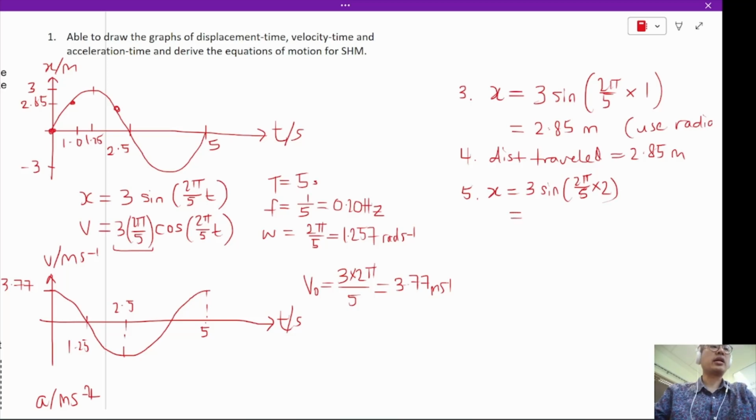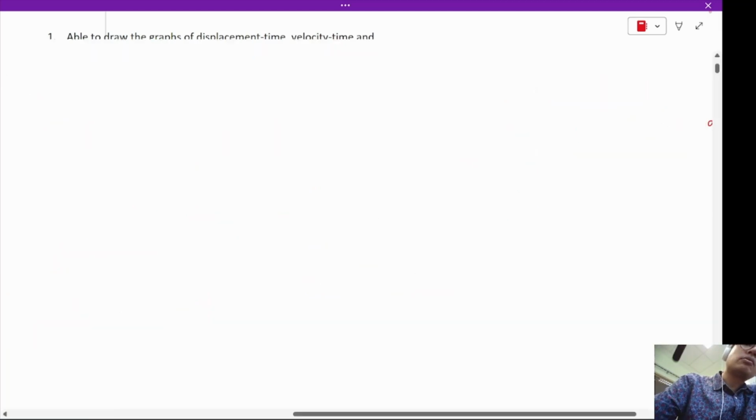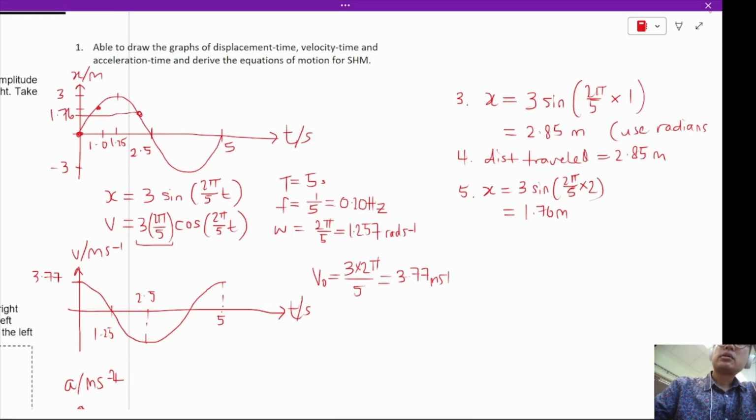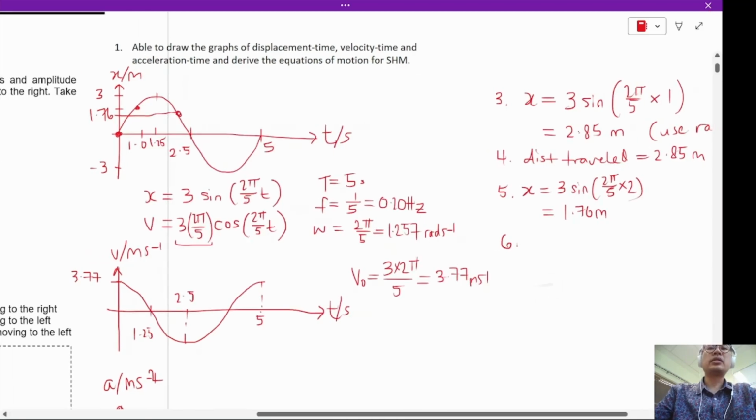This will give us the x position when the time is 2 seconds. So that's 1.76 meters. So at this point over here, this is 1.76 meters.